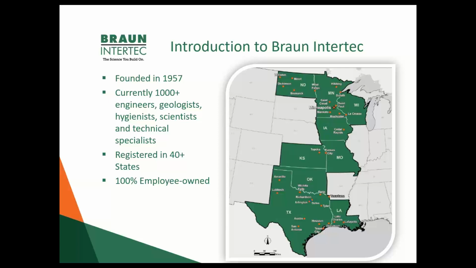In many cases, we have multiple specialties located within each office, and we all network with each other, so we know who each other are, we know how to get resources available. While our coverage stretches from as far north as Minnesota and North Dakota, which is where Josh and I hail from, we basically specialize in what we like to call the flyover states, right? Down to Iowa, Missouri, Kansas, Oklahoma, a lot of offices in Texas and even Louisiana.